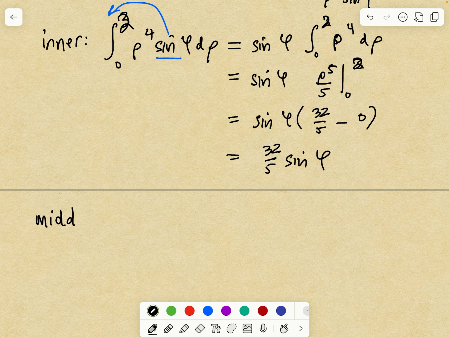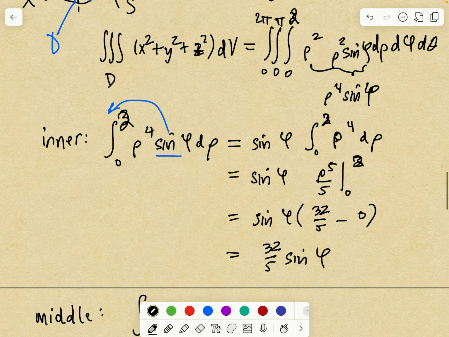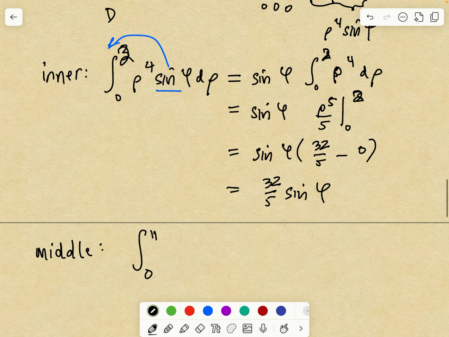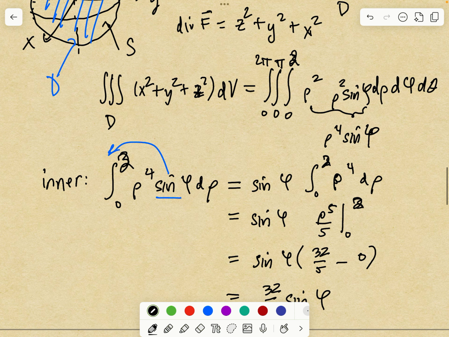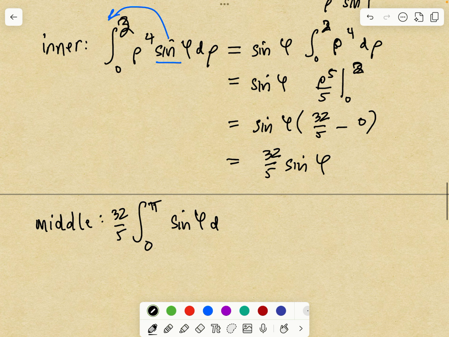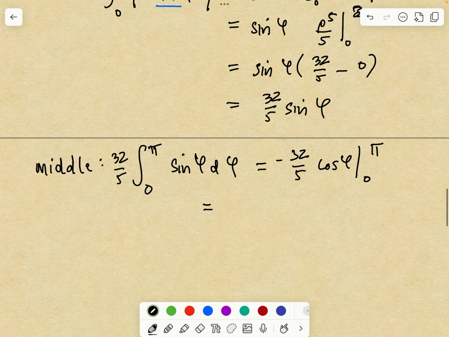Now we need to do the middle integral. We integrate from 0 to pi 32 over 5, which I'll move out, times sine phi with respect to phi. That's negative cosine from 0 to pi, so negative 32 over 5 times cosine of pi minus cosine of 0.